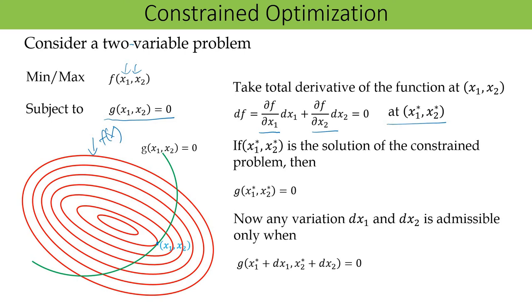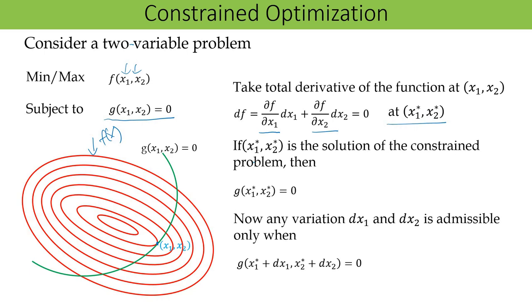This is coming from the necessary condition for optimality: the total derivative should be equal to 0. So the partial derivatives are 0: del f by del x1 is 0 and del f by del x2 is 0, because dx1 and dx2 are not 0.